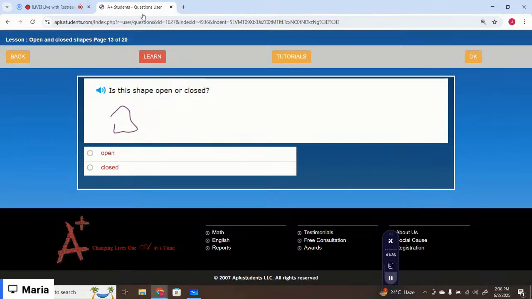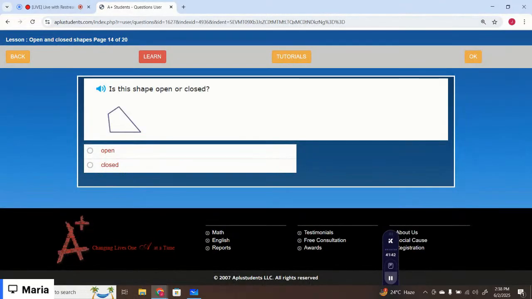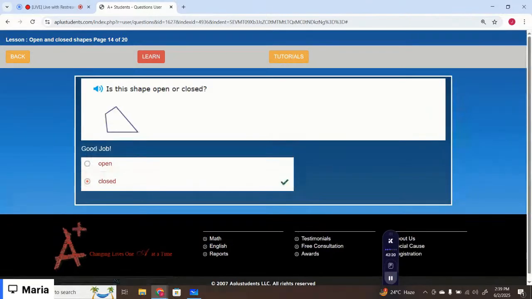Is this shape open or closed? Open it is. Option number one is the correct option. Closed it is. Option two is the correct option.